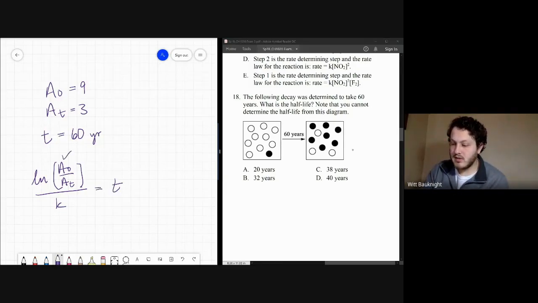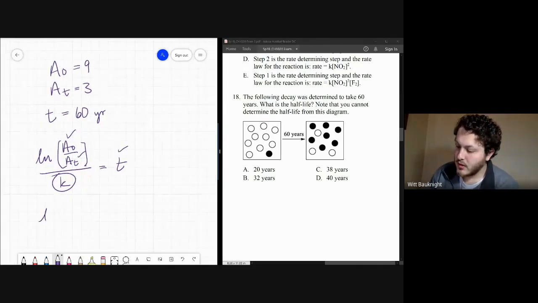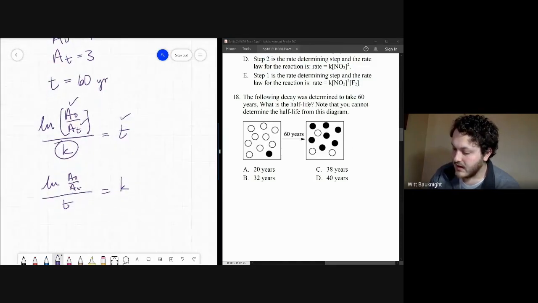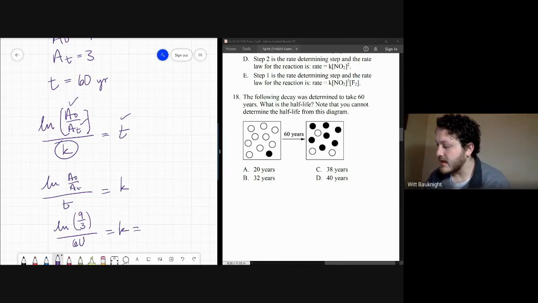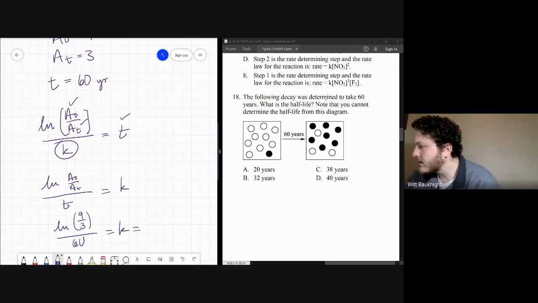Well, we know these three, so we're going to use this to find K. So ln A0 over At over t equals K. And that is ln of 9 over 3 over 60 equals K.